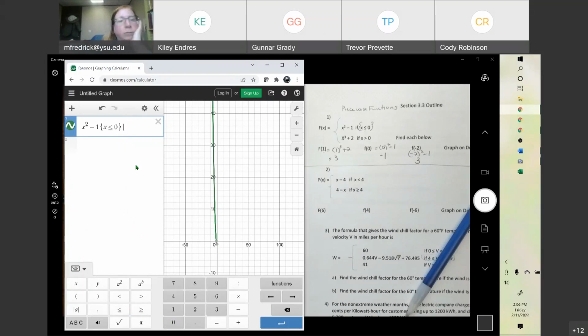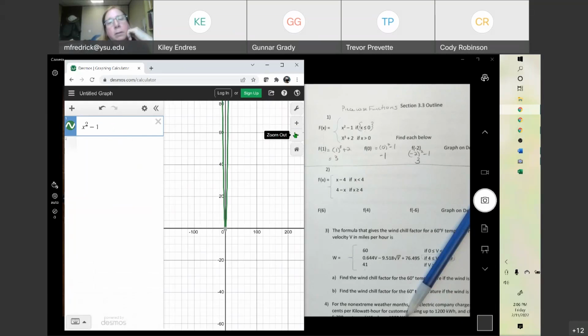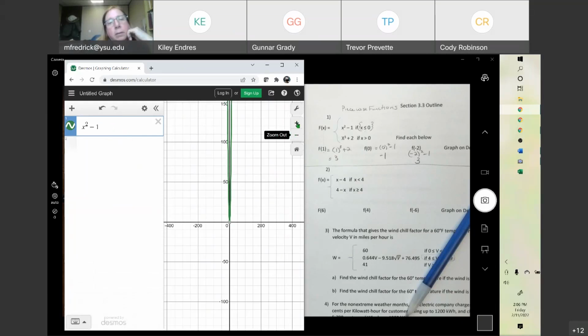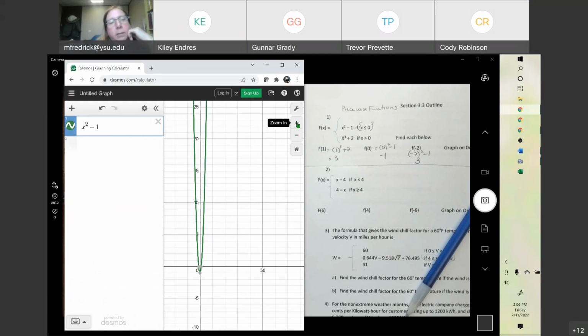So if you noticed, before I put in the inequality, we had a parabola.